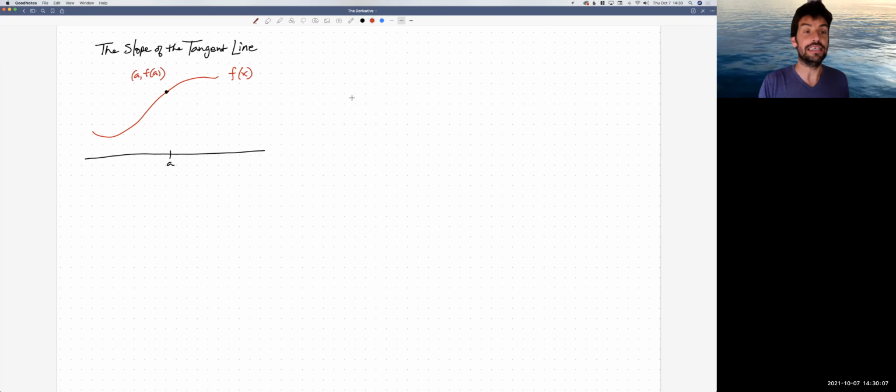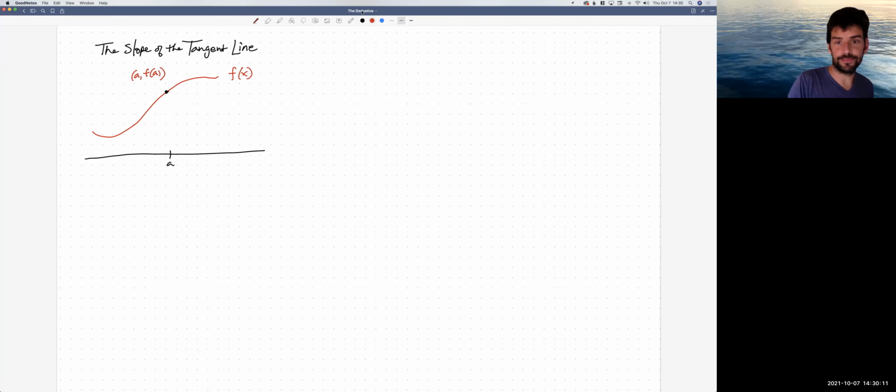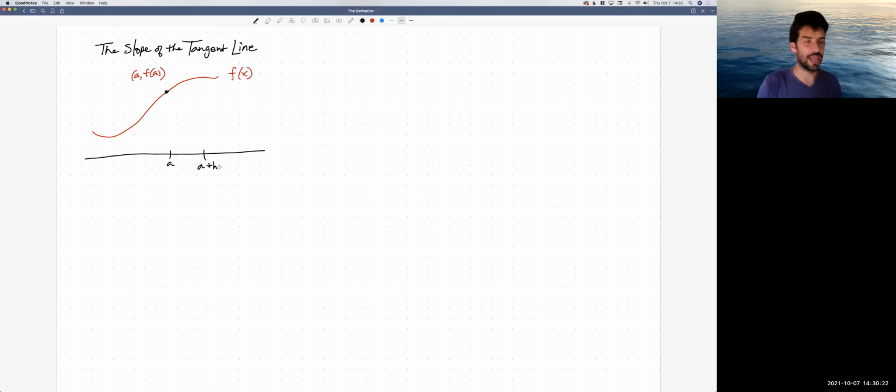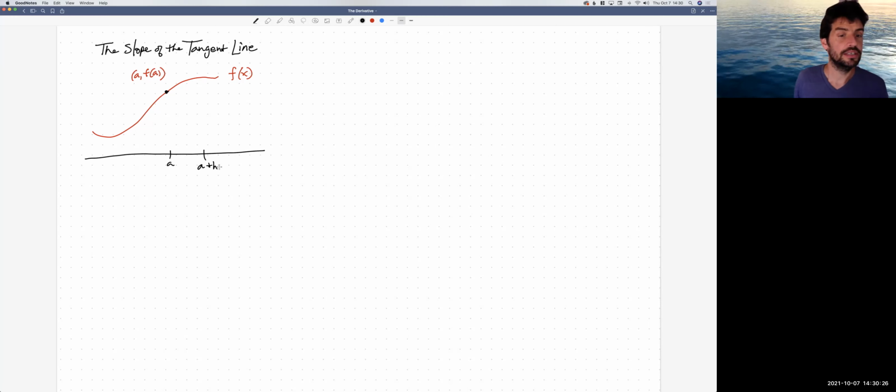And the way we've intuited what this tangent line is, we imagine that we move a little bit away from A. So H is just some little number. And here I've drawn it so that H is on the positive side. It doesn't have to be. H can be negative, so we'd be below A, but I'm just going to draw it here.